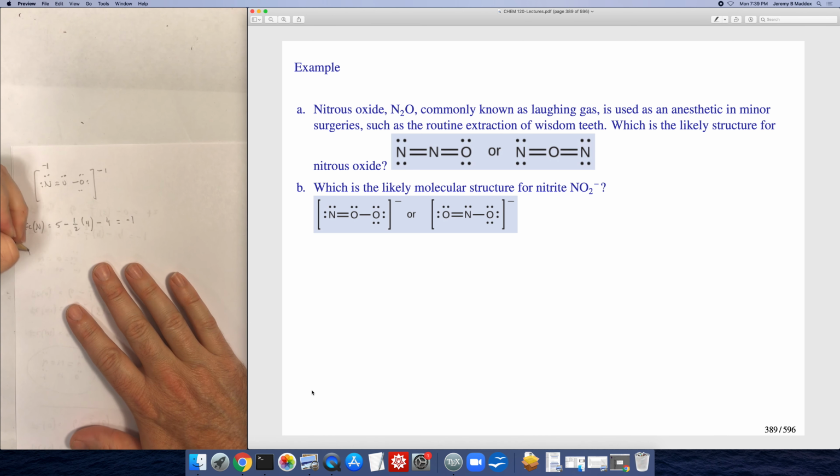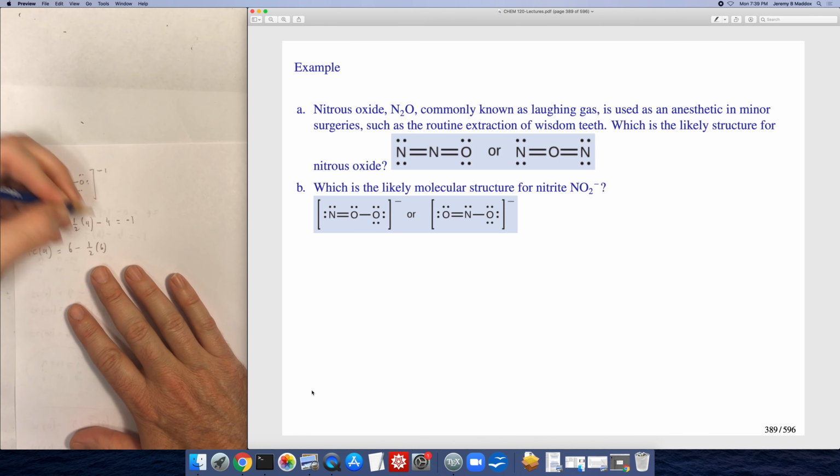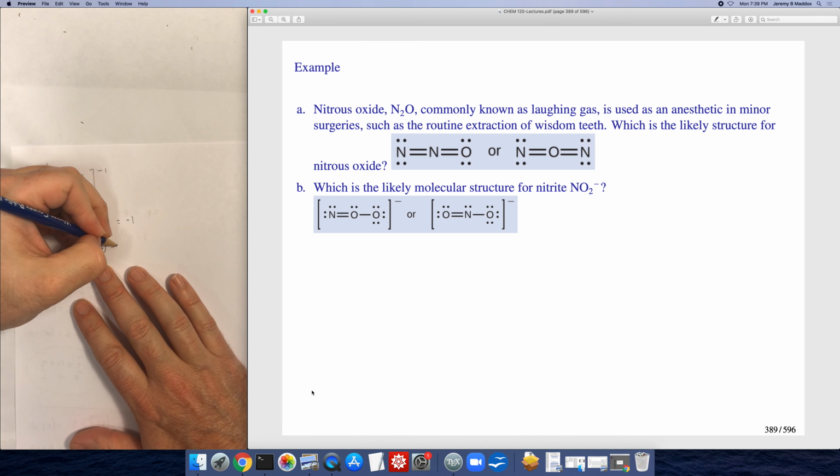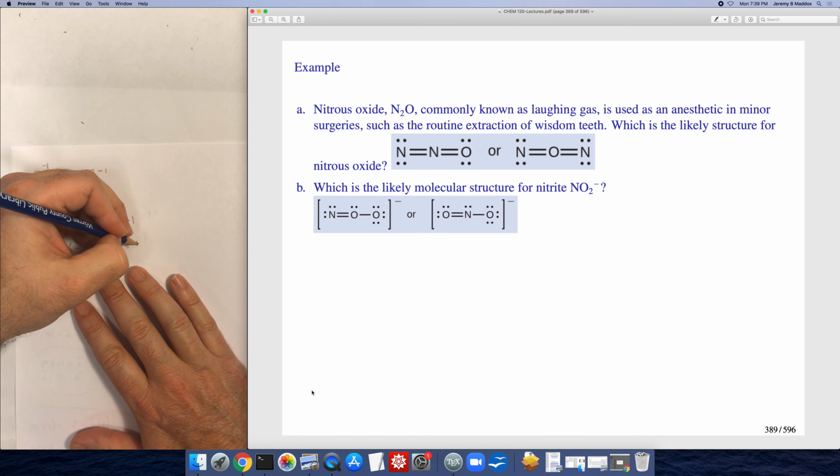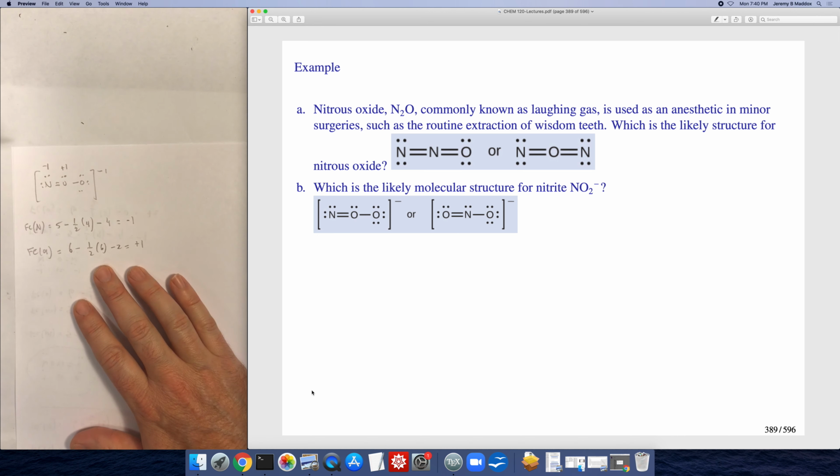For the oxygen here, this will be oxygen 1. Start off with 6, minus half of 6 bonding electrons, minus 2 lone pairs. So 6 minus 3 minus 2 is going to give us a +1 charge on that guy.